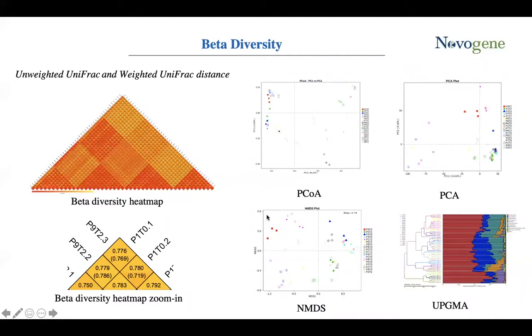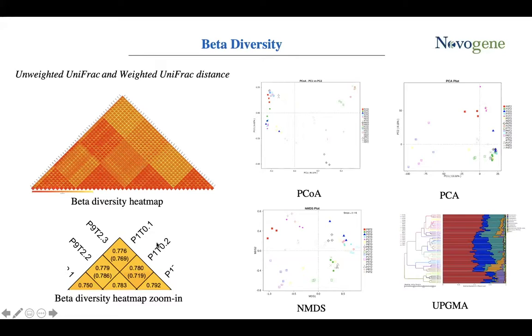And weighted UniFrac distance and unweighted UniFrac distance were also selected to measure the dissimilarity coefficient between pairwise samples, which is a widely used phylogenetic measurement method in our microbial community sequencing project. So the heat map here, based on the weighted UniFrac and the unweighted UniFrac distance, we can see here to the left.